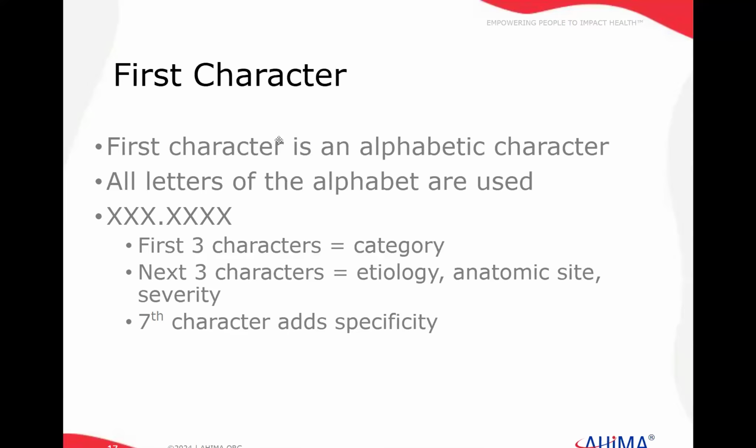All letters in the alphabet are used. The first three are the category, and the next three cover the etiology, followed by the anatomic site and the severity. And then the seventh character adds specificity. So it could be laterality, could be some other level of detail, meaning the specificity.